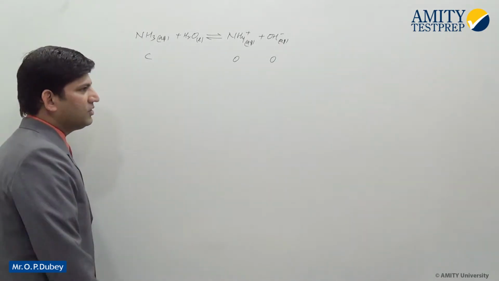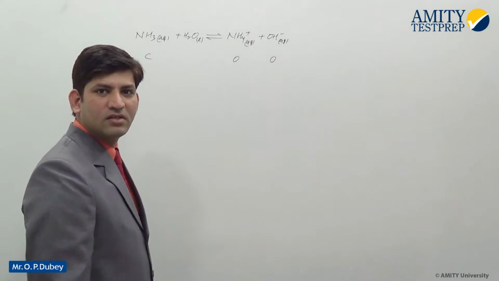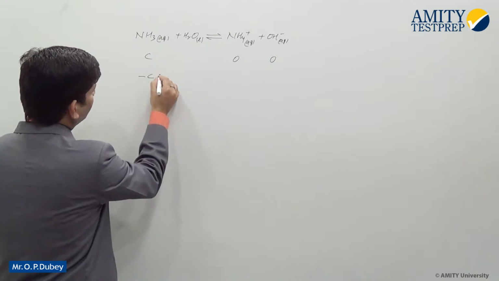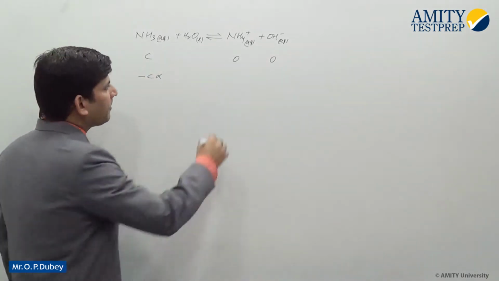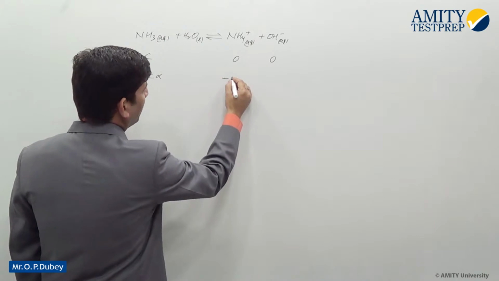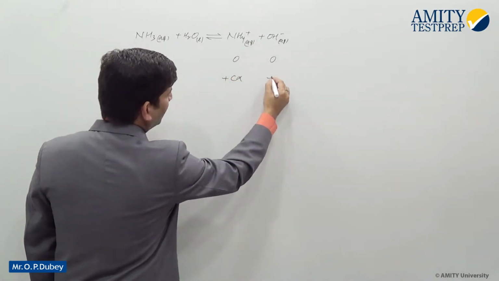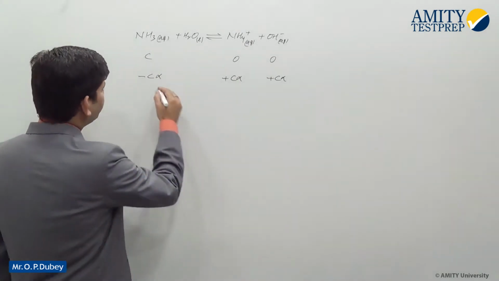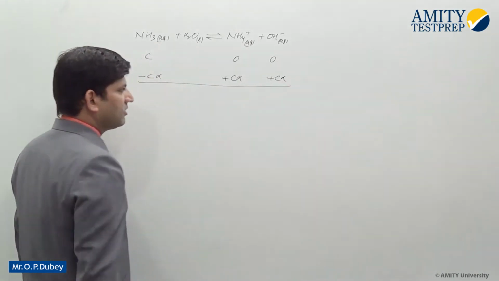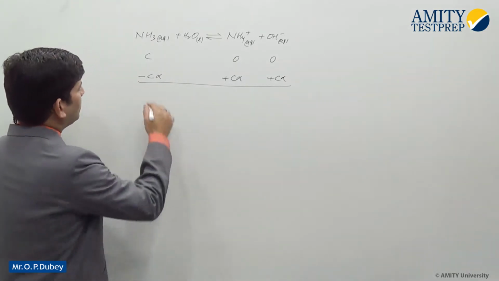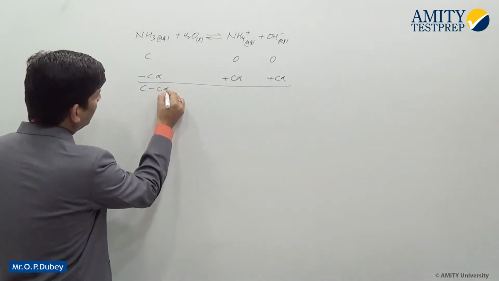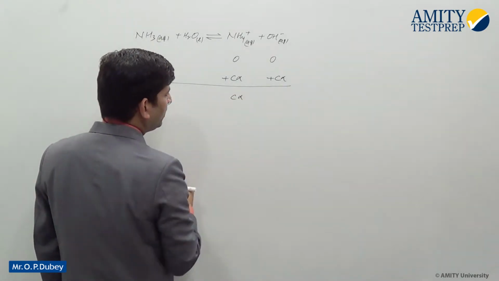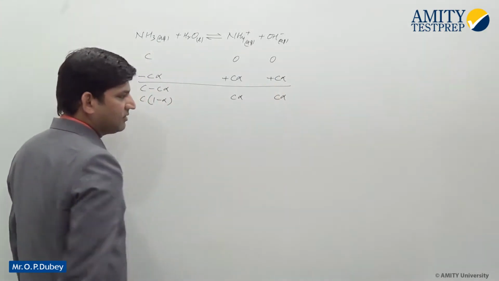If the degree of dissociation or ionization of this weak base ammonia is alpha, then it ionizes C alpha, and the concentration of ammonium ion produced is C alpha, and the OH minus ion concentration produced at equilibrium is C alpha. At equilibrium, the concentration of ammonia is C minus C alpha, which is also equal to C(1 minus alpha), and the concentration of ammonium ion is C alpha, hydroxyl ion is C alpha.